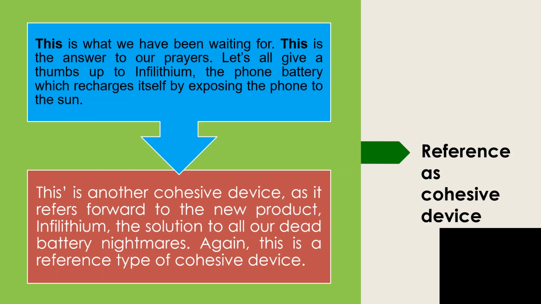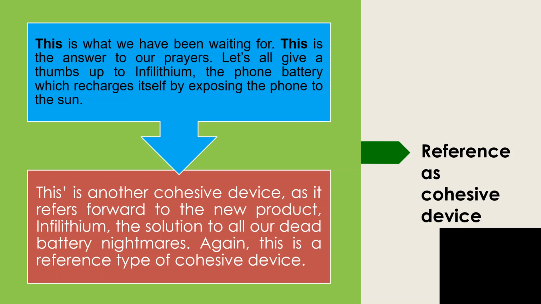The audience, the spectators listening to this compare, this presenter, know that all three sentences are referring to the same thing. And this is a reference type of cohesive device using demonstrative pronouns.